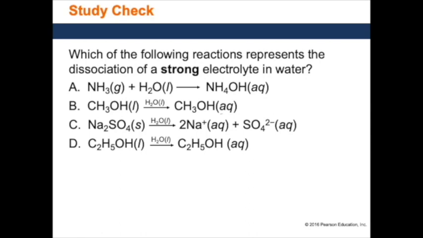Unless it's ions, it is not going to be an electrolyte. Products have to be ions at the end. D is again an alcohol, but it is not dissociated. We don't see ions in products. Whereas for part C, we do see ions. Sodium sulfate dissociates to give 2 sodium ions and 1 sulfate. So the answer is C.